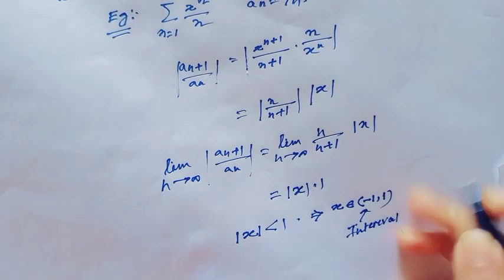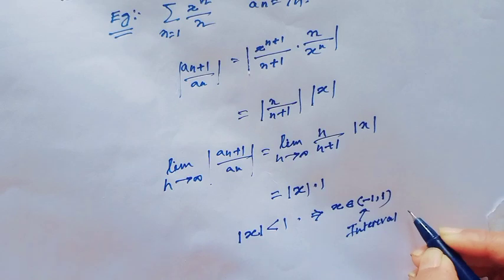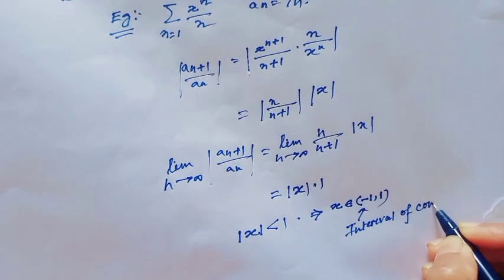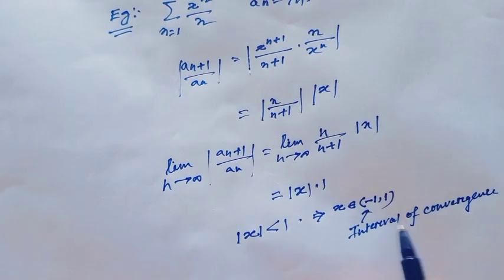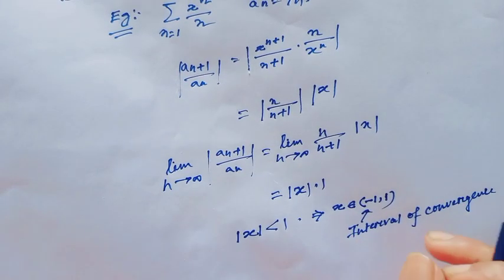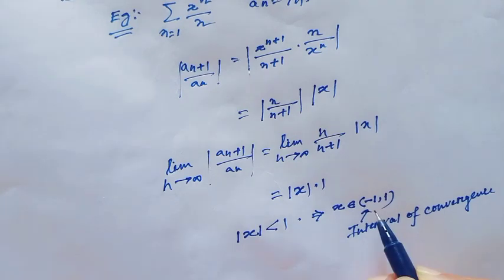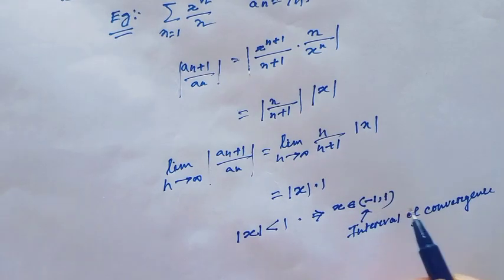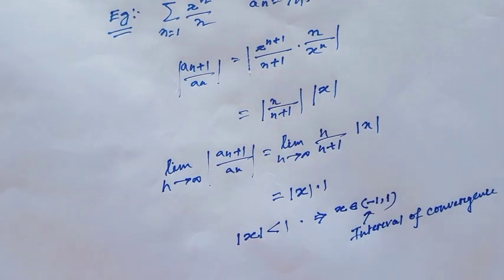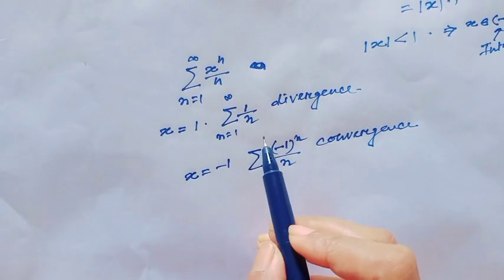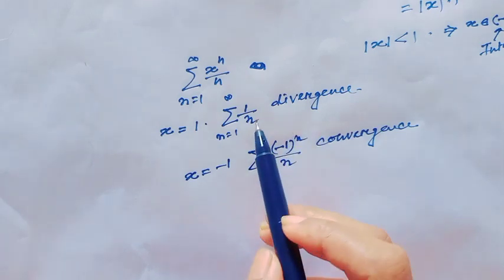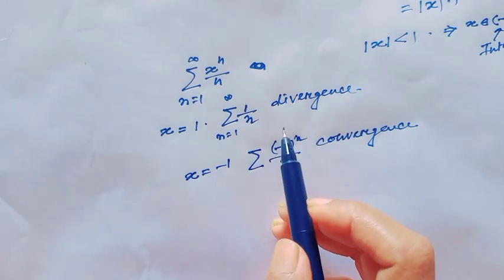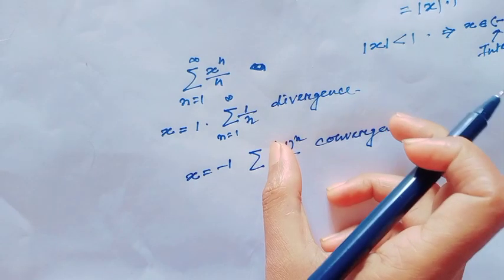In this region, the power series always converges. Now I will check at the end points, at the point minus 1 and at the point 1, whether the power series converges or not. When x equal to 1, the series is the sum from n equal to 1 to infinity of 1 over n. We all know this series is divergent.